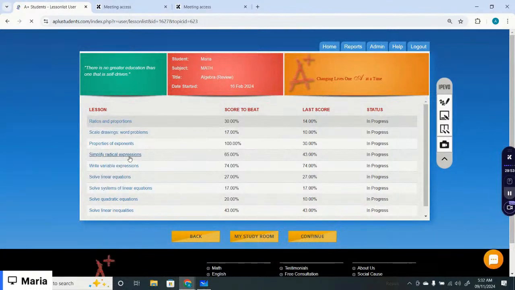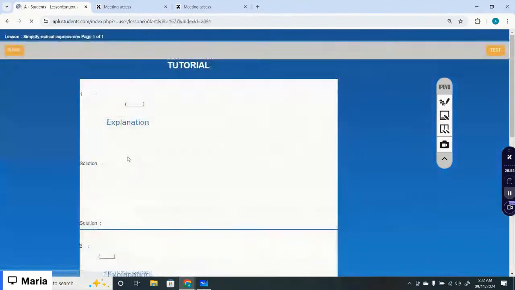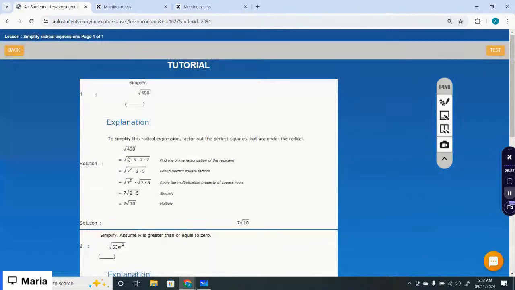The next lesson is simplify radical expressions. So you have square root 490, right? You need to write down the prime factors that can divide 490. They are 2 times 5 times 7 times 7, right?